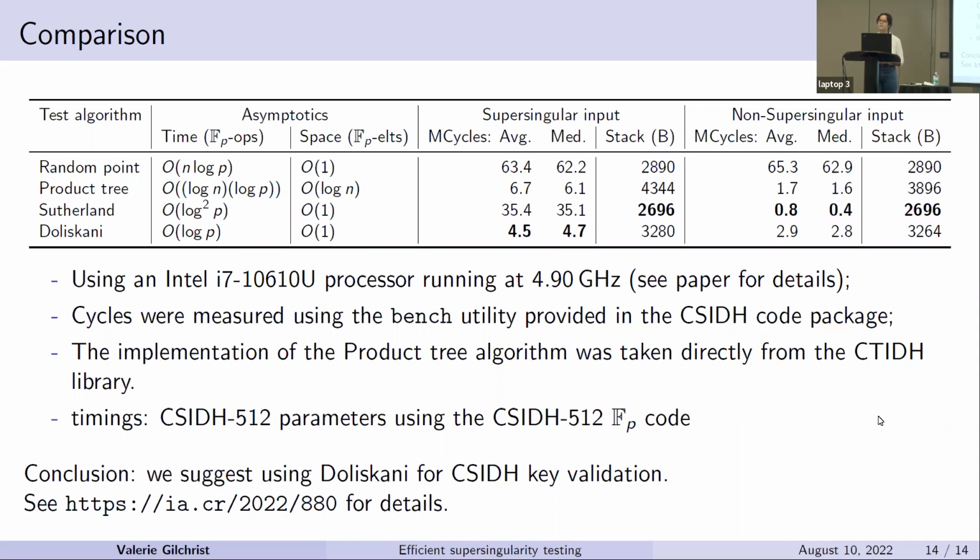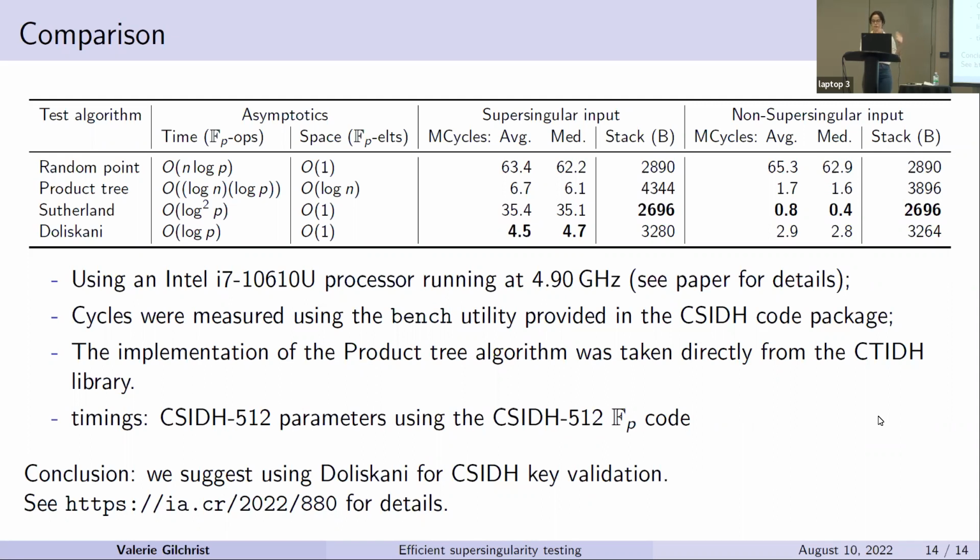I was just going to ask if your improvement for Dallasconi's method works over any prime field, or just specifically over Fp. Does it use that the curve is defined over Fp, or would it work also over an extension field?